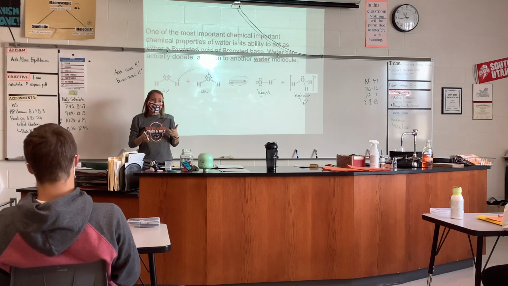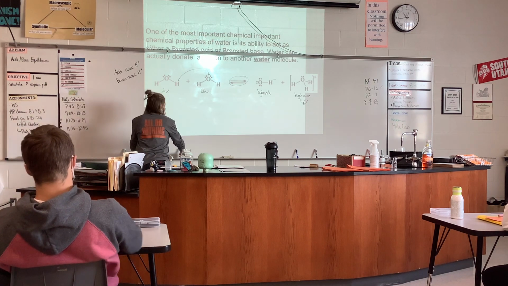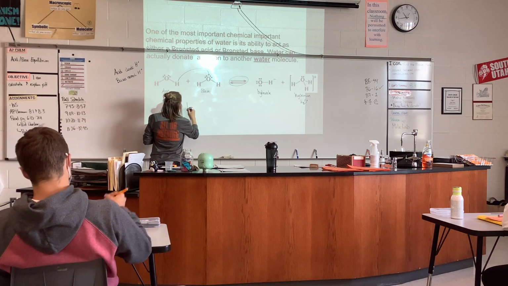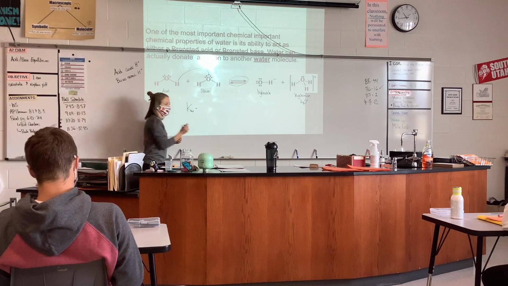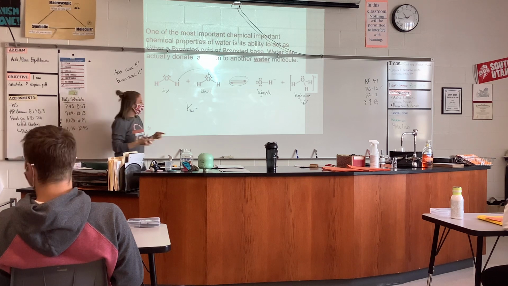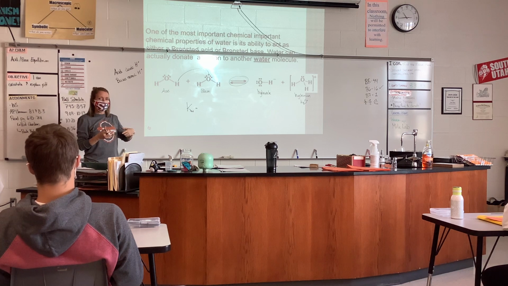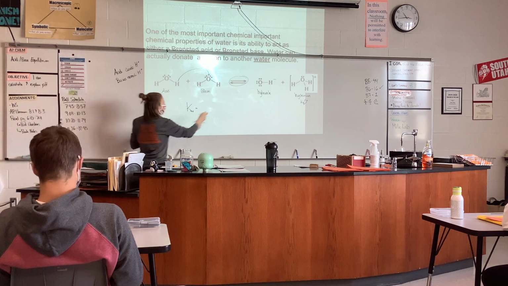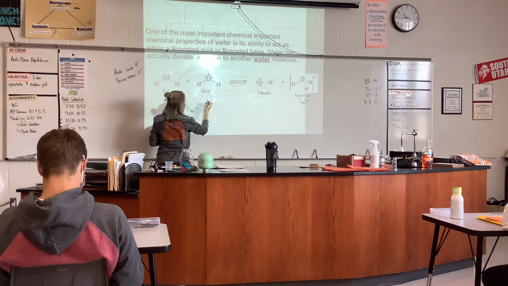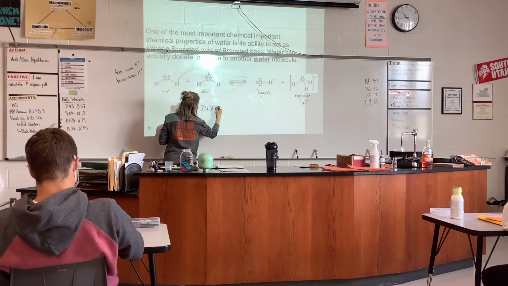Yes. And to be honest, the KW value, put this in the box below that says KW equals. So KW is the equilibrium constant for water. That's why they label it with a W. How do I write an equilibrium constant? Products over reactants. We have OH minus, H3O plus.